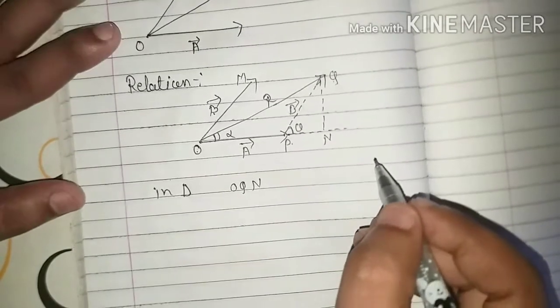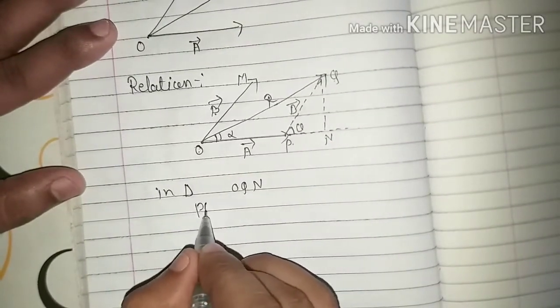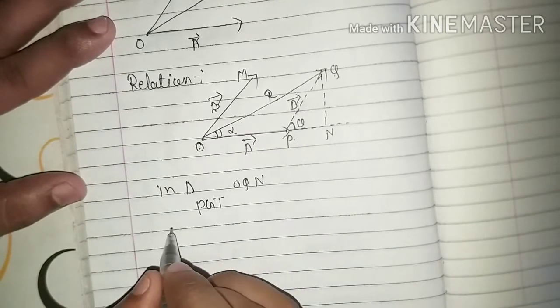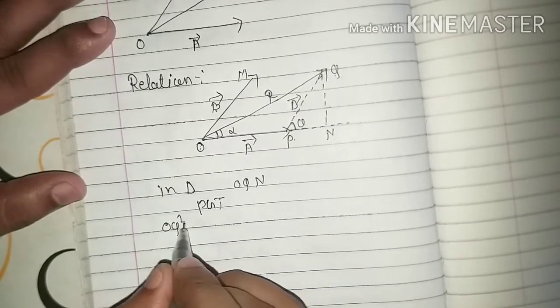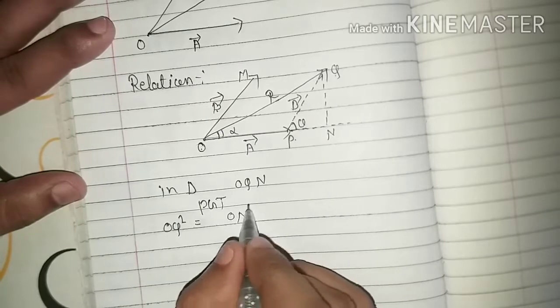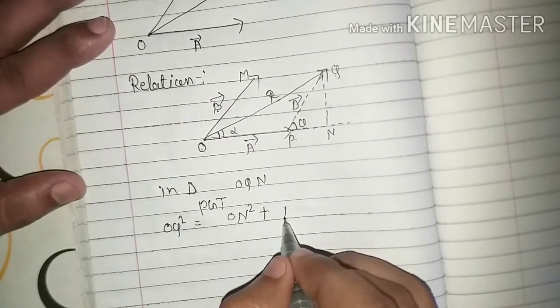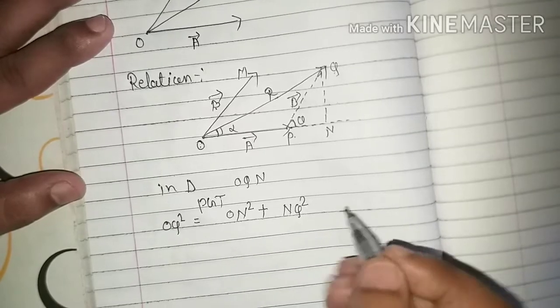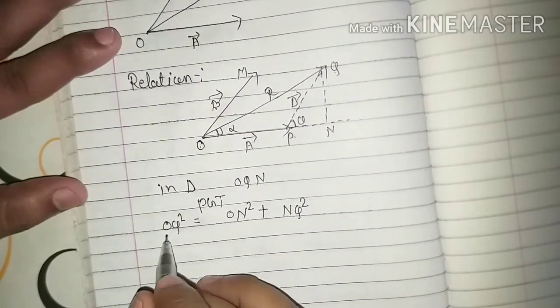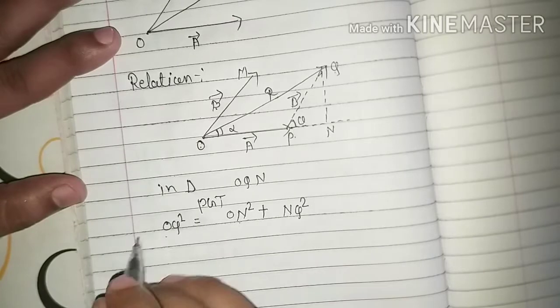In triangle OQN, what do we have to use? The Pythagoras theorem. It says OQ square is equal to ON square plus NQ square.